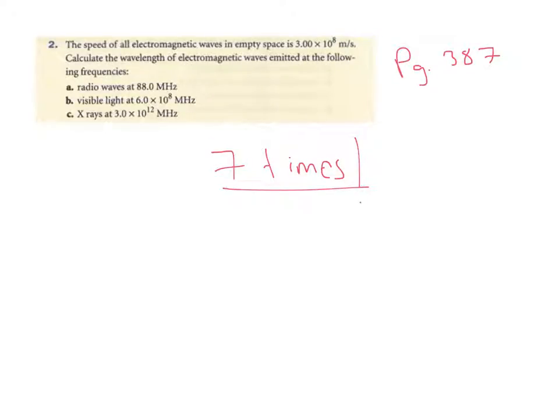So for radio waves, for A, I know that the wave velocity is equal to frequency times lambda. So then I know that 3 times 10 to the 8th meters per second equals. Now my frequency, I want to be careful here. This is 88 capital MHz.